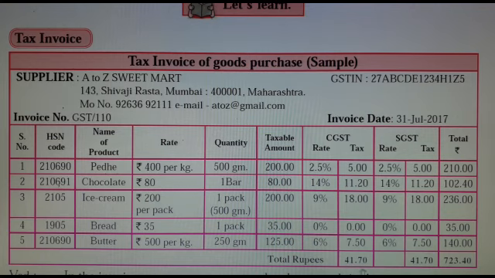What is the meaning of this? If we add these two, 41.70 and 41.70, that means 83 rupees 40 paise is the tax we have to pay on this purchase. And with tax, the total amount is 723 rupees 40 paise.